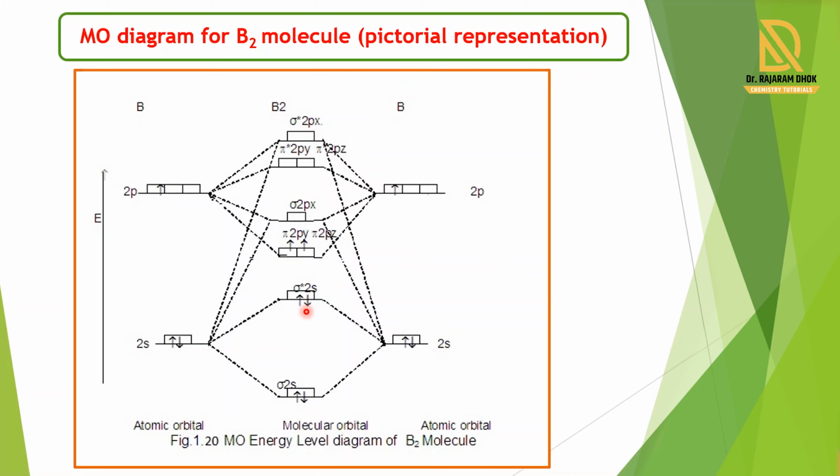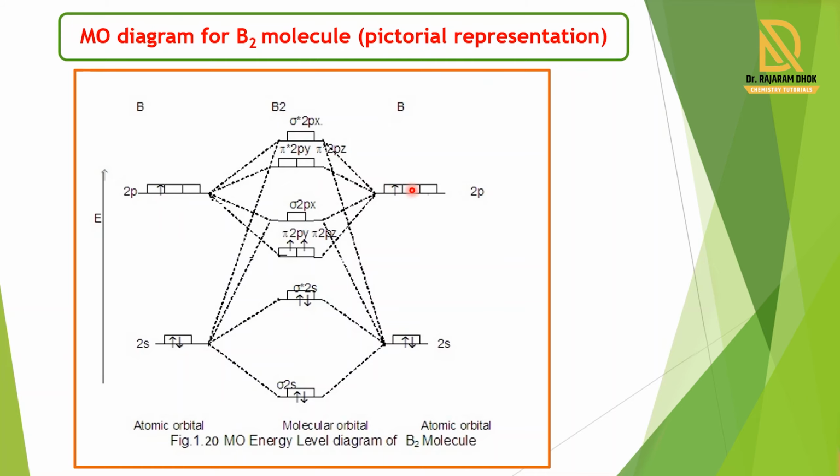In this way, by combination of 2s and 2s atomic orbitals, sigma 2s and sigma star 2s molecular orbitals are formed.